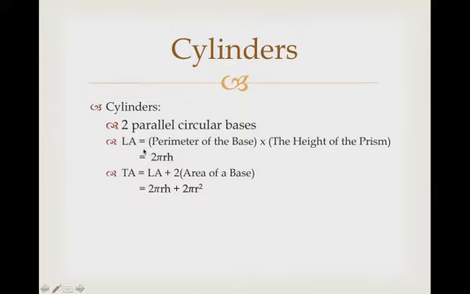Because it's a circular base, the perimeter of the base will be the circumference of the circle, times the height of the prism, in order to get the lateral area. So LA equals 2 pi r h, and total area equals the lateral area, 2 pi r h, plus 2 times the area of the base. Since the base is a circle, that just becomes 2 pi r squared.